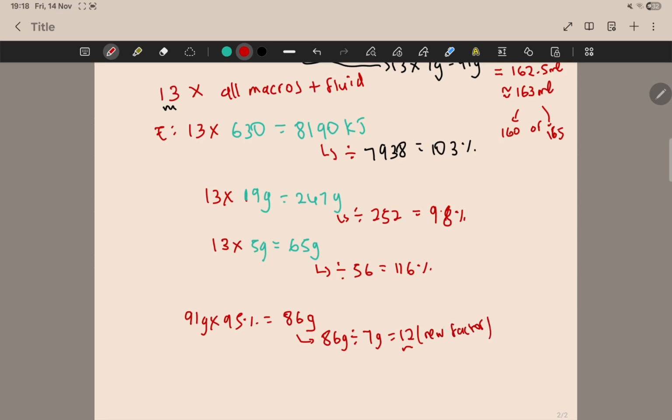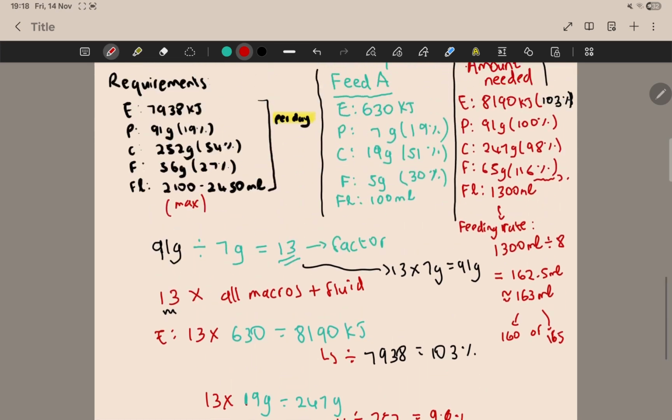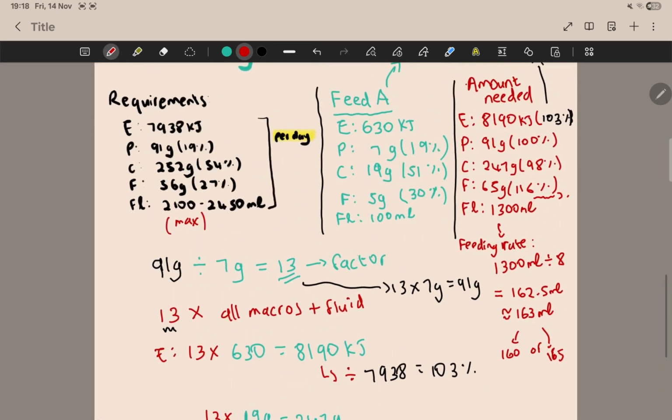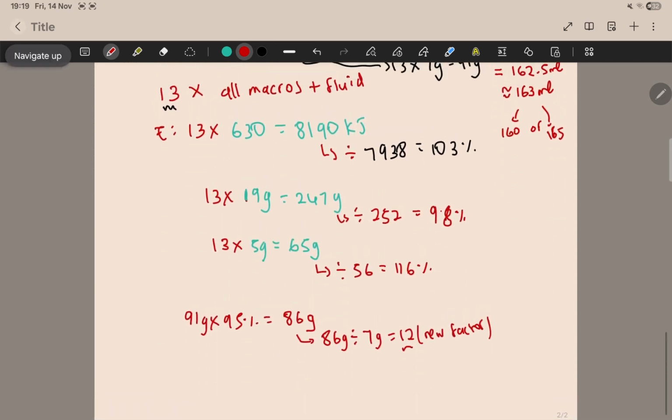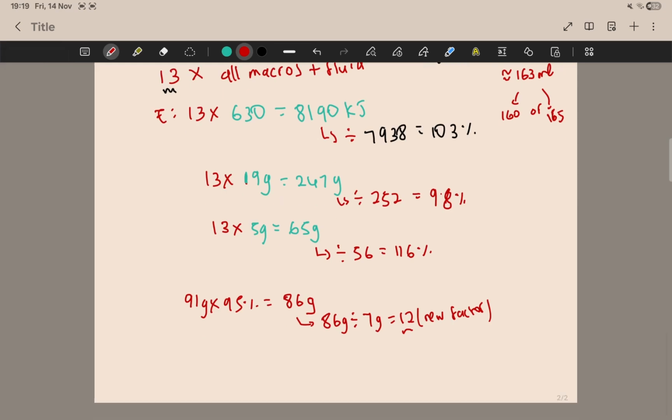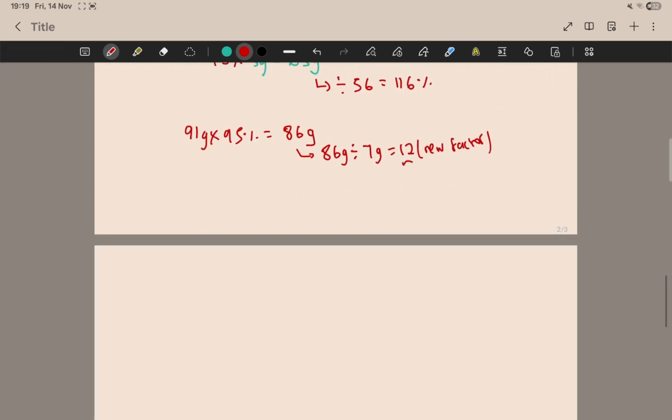If you then multiply all your macros out from your feed A as well as your energy and your fluids, let's see what that gives us. Okay, so I'm going to use a new page. Let's go energy, protein, carbs, fats, and fluids.